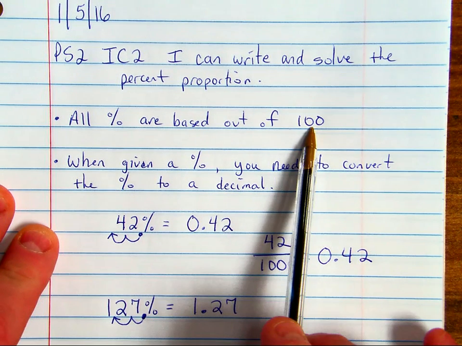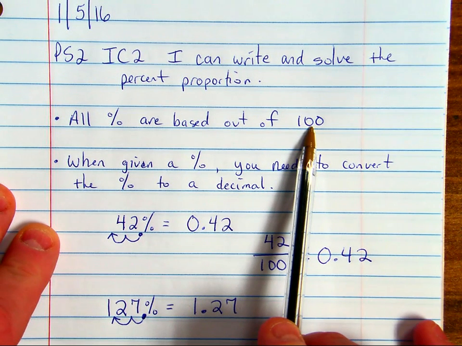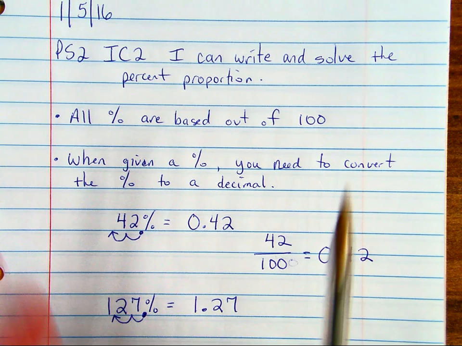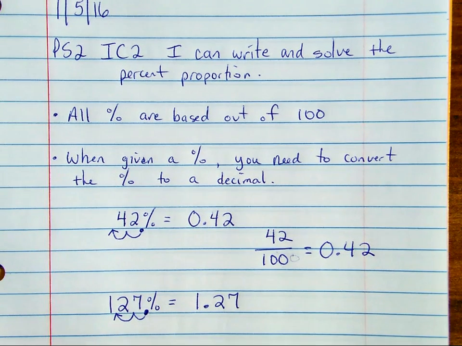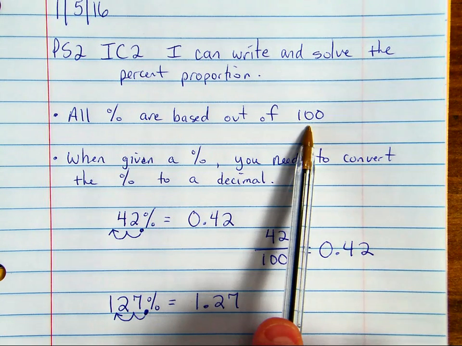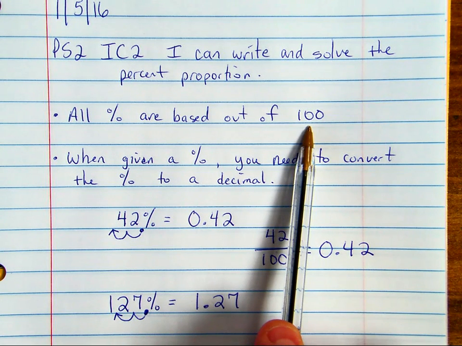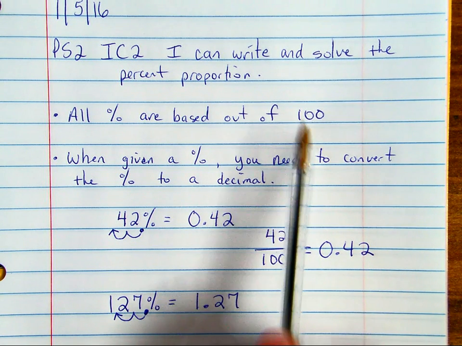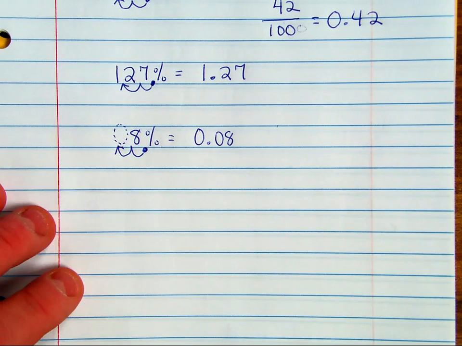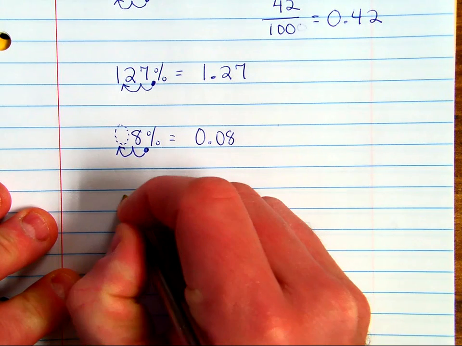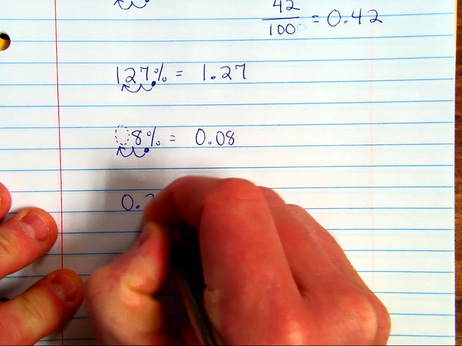All right, this is going to be a real tricky one. How would we write 0.2% as a decimal? Anybody want to take a guess?